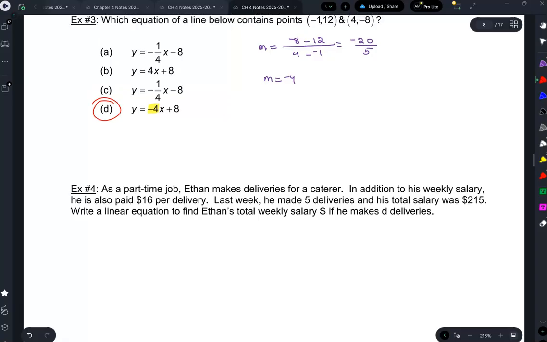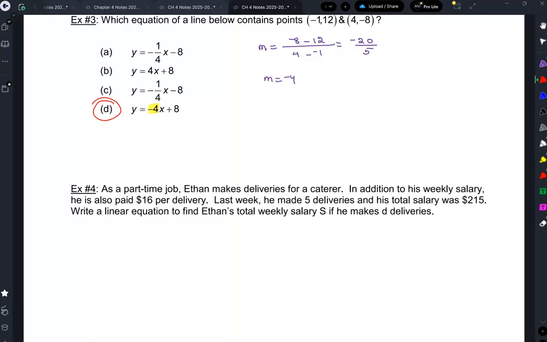As a part-time job, Ethan makes deliveries for a caterer. How's that job working out for you? Pretty good. Well, let's see. In addition to his weekly salary, he's also paid $16 per delivery. That's a lot of money.